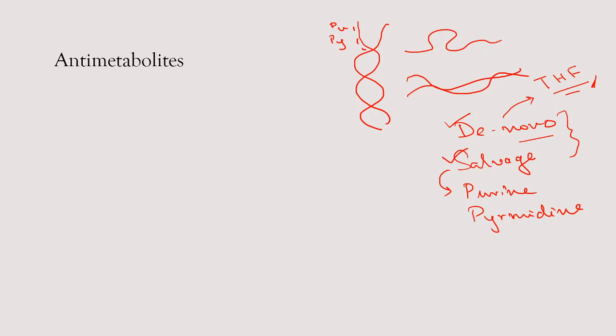In the de novo synthesis process, synthesis occurs from the very basics, while salvage means it is a recycling process. In the de novo process, one major important molecule is folate, to be specific THF or tetrahydrofolate.